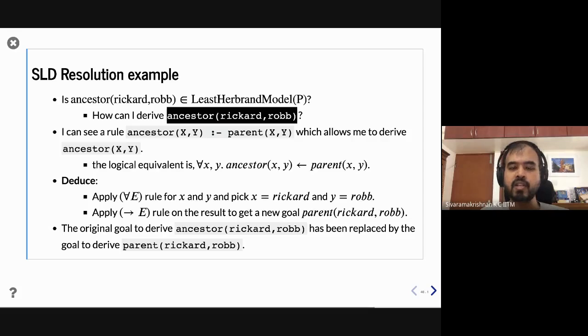So I might use the term goals as well, but think about goals as just things that Prolog needs to show are satisfiable. So the first goal is it needs to show that Rickard is the ancestor of Rob. How can I derive this? Is what Prolog is going to ask.